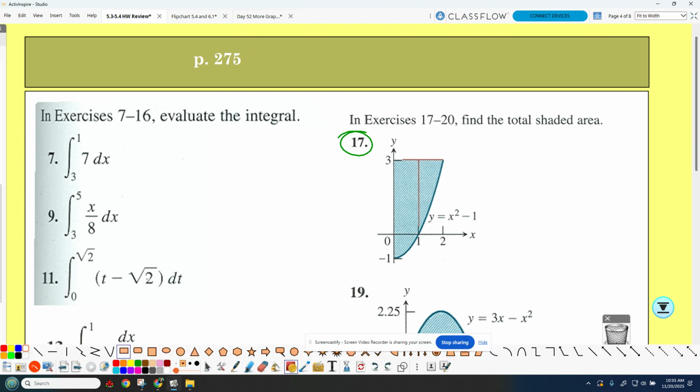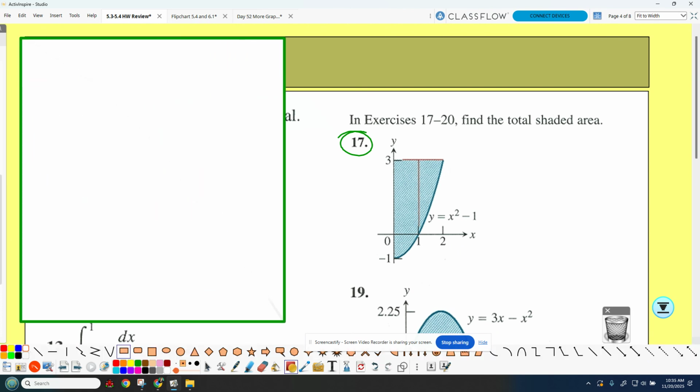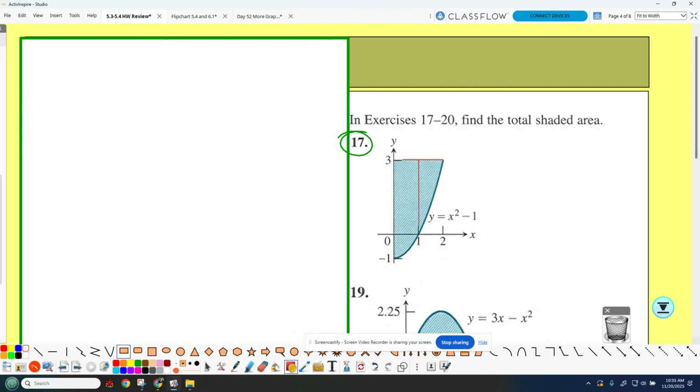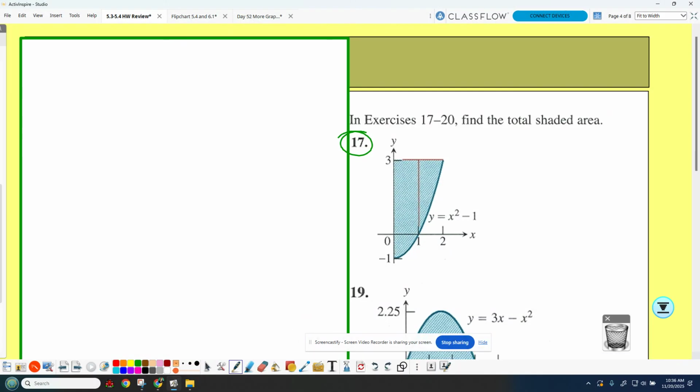How do we find that shaded area? Could you integrate with respect to the y-axis? Make x a function of y, and then rewrite it with dy.